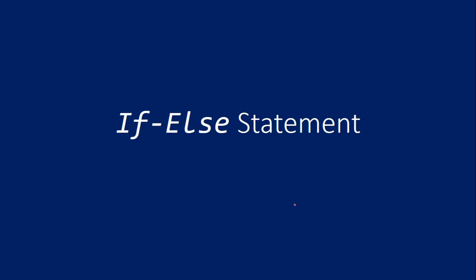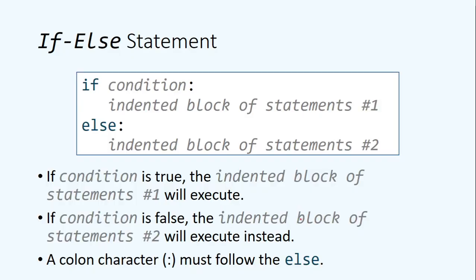So in the if else statement, it is going to have slightly different syntax. In fact, in this case, you have additional syntax than what we saw before in the if statement. First of all, we still have the if keyword followed by the condition and also the colon.